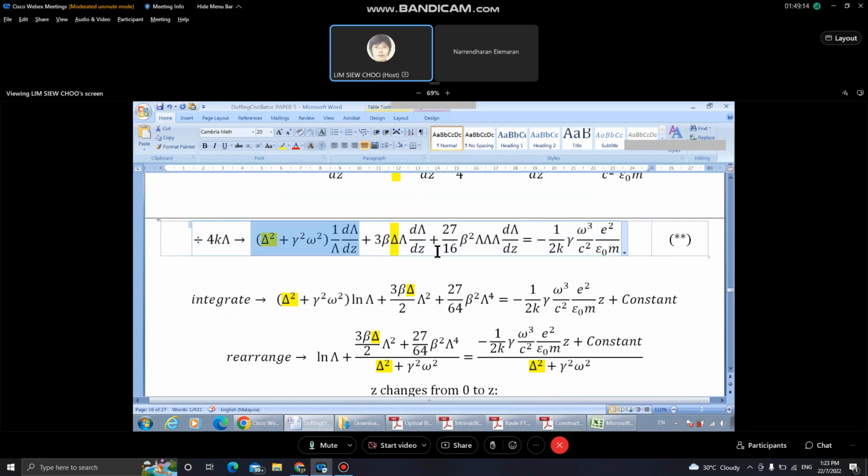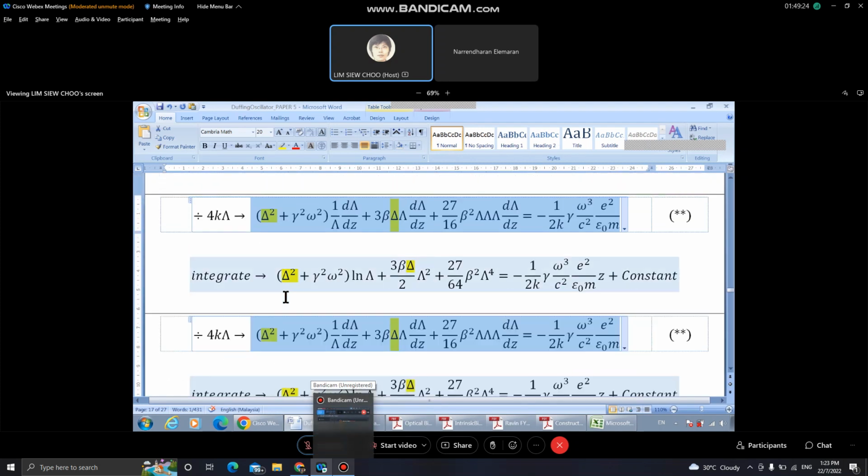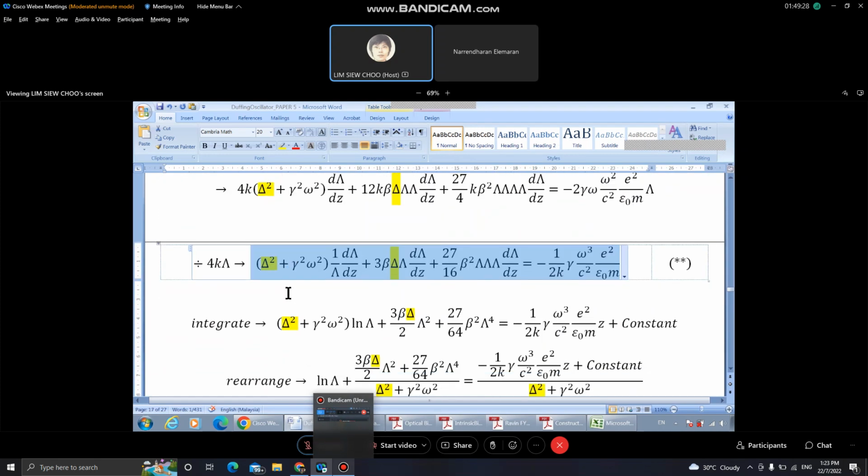Okay, this is the simplification. This one, you integrate and rearrange, then you get these results. But before the integration, you simplify by dividing by this.